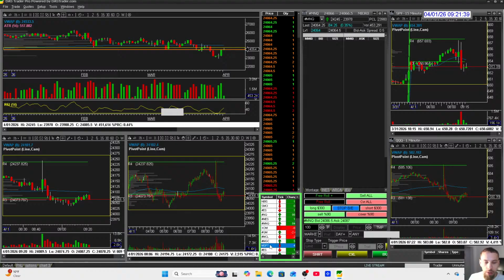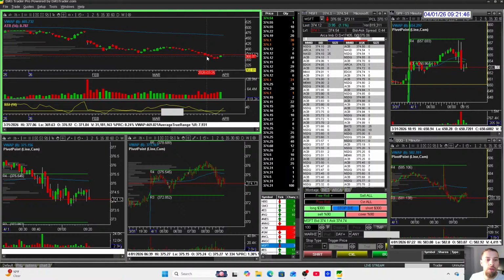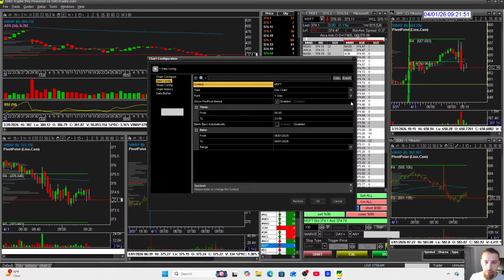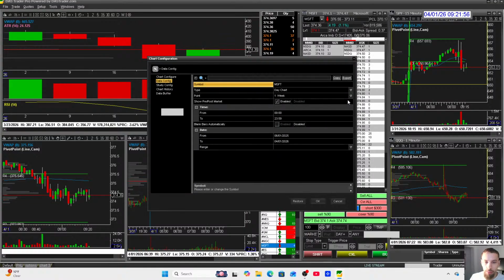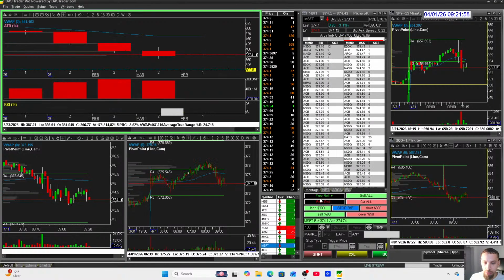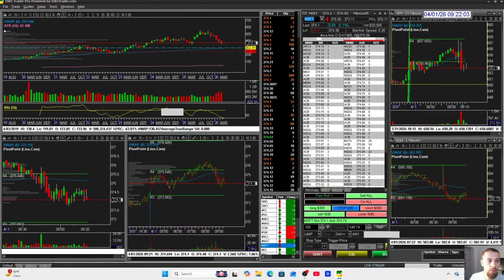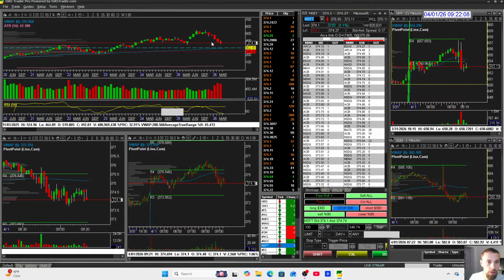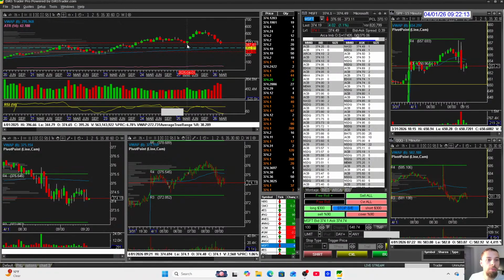Okay, let's see. Microsoft has been a pretty decent trader as of lately. What are we looking at? Is this the monthly? No, it's the daily. Let's look at the monthly here. So on the monthly chart, last month bounced off a significant area of support.